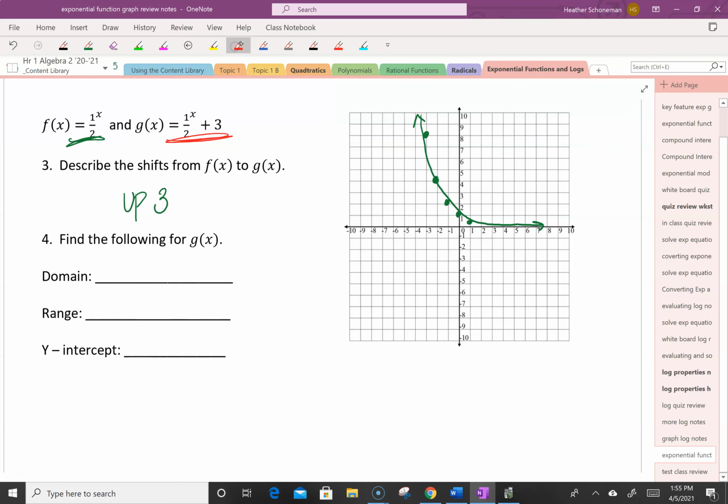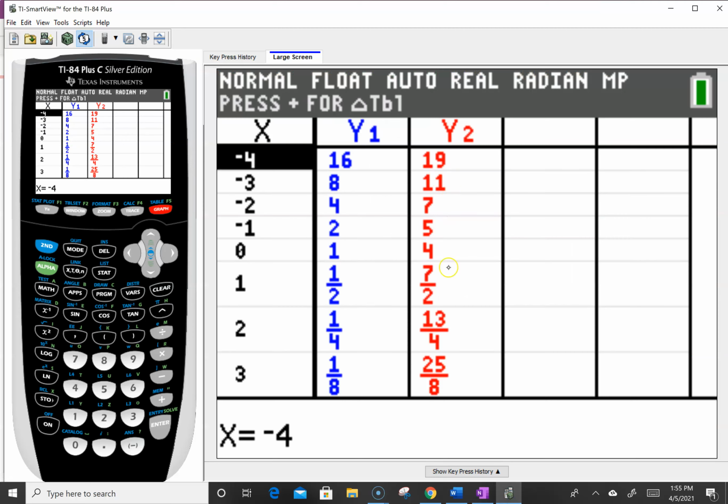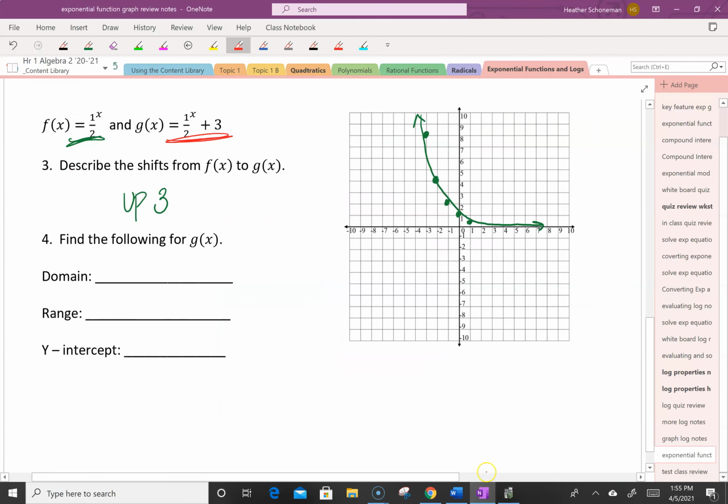Okay, now we're going to do it again, but this time with a second graph. So now I'm looking in the second column. Well, (-3, 11) doesn't work, but (-2, 7) and (-1, 5) work. And then we have (0, 4), and then we get (1, 7/2).